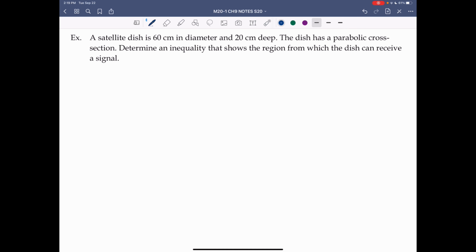A satellite dish is 60 centimeters in diameter and 20 centimeters deep. The dish has a parabolic cross-section. Determine an inequality that shows the region from which the dish can receive a signal. Let's draw a quick sketch. We know that it is 20 centimeters deep and 60 centimeters in diameter. 30, 60.